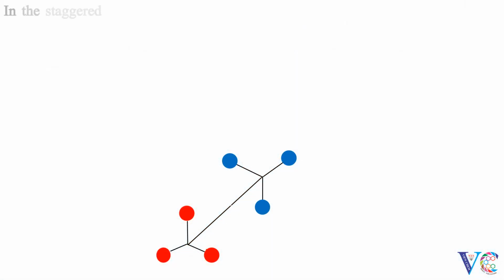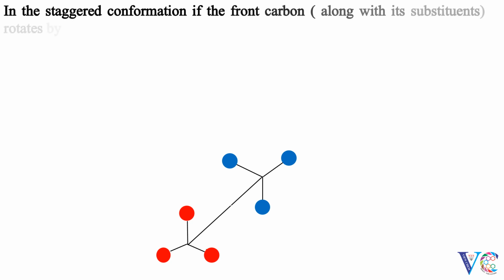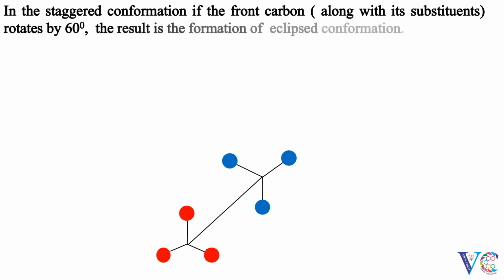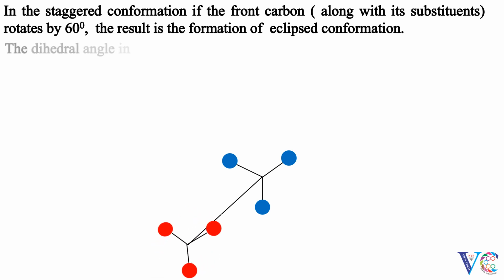In the staggered conformation, if the front carbon, along with its substituents, rotates by 60 degrees, the result is the formation of eclipse conformation. The dihedral angle in eclipsed conformation is 0 degrees.